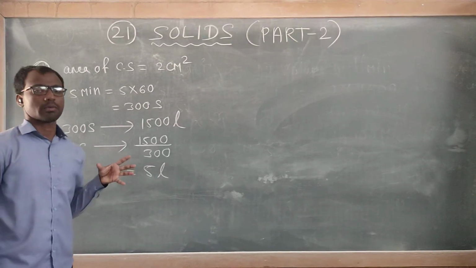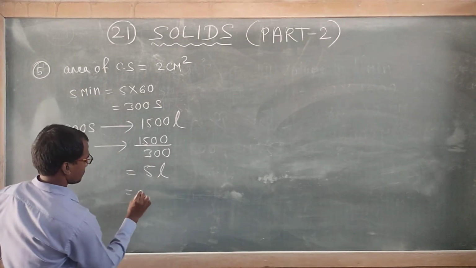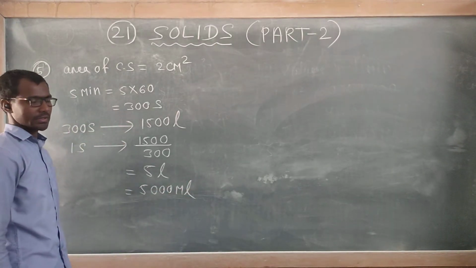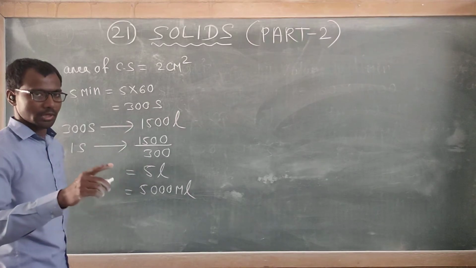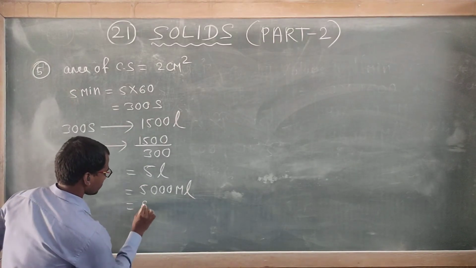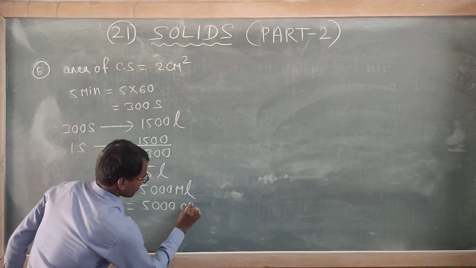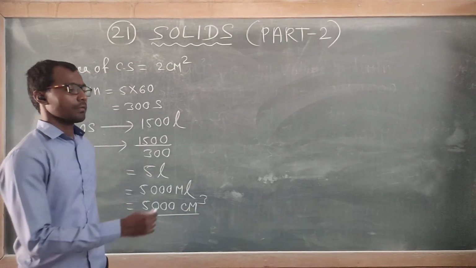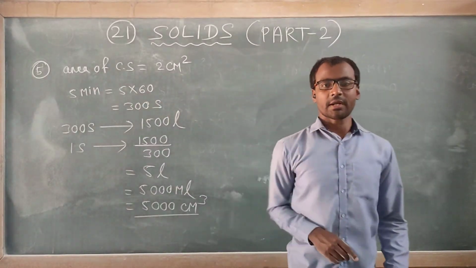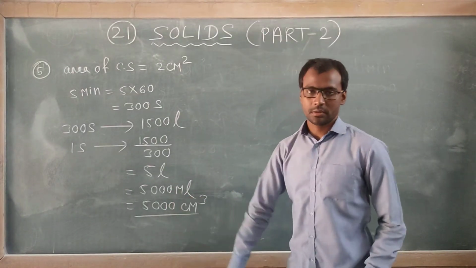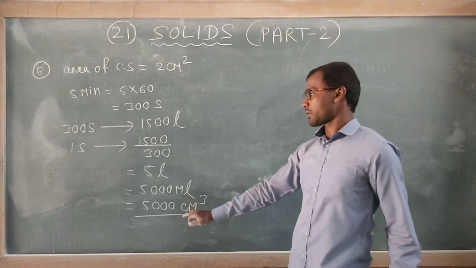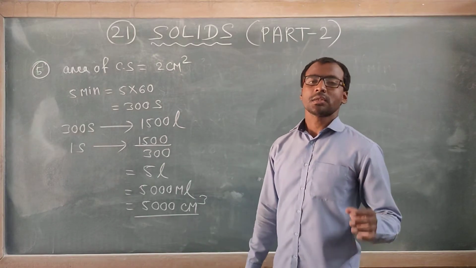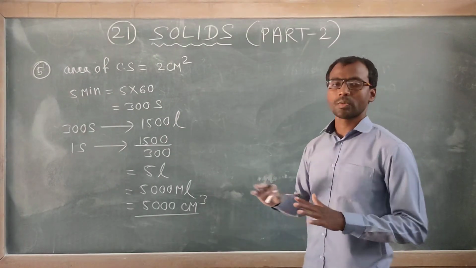Now 5 liters can be converted to ml. 5 liters is equal to 5000 ml, and this ml can be converted to cubic cm. So this is the volume of water flowing out of the pipe in 1 second, or in other words, this is volume flow rate. Okay, 5000 cubic cm of water is flowing out of the pipe in 1 second. That means the volume flow rate of the pipe is 5000 cubic cm per second.